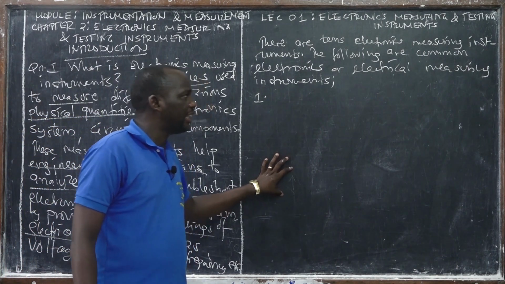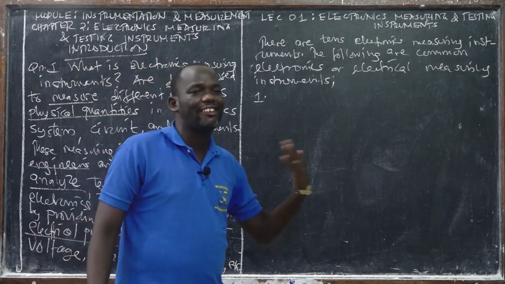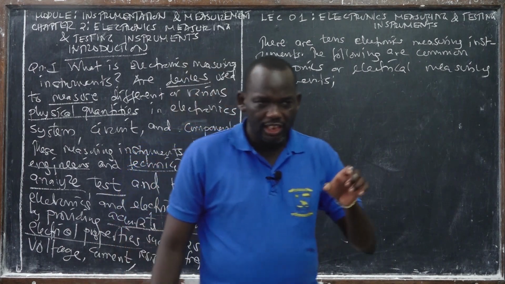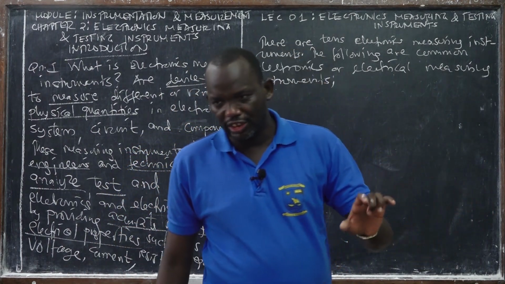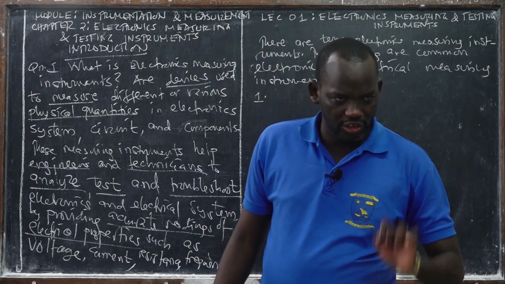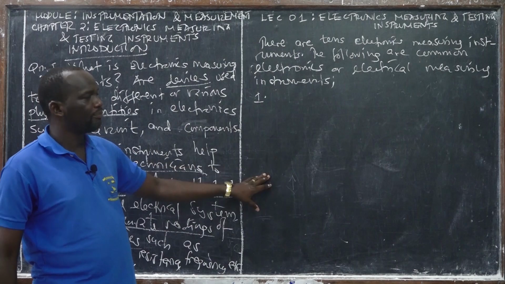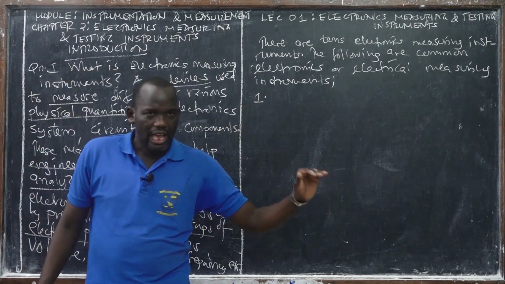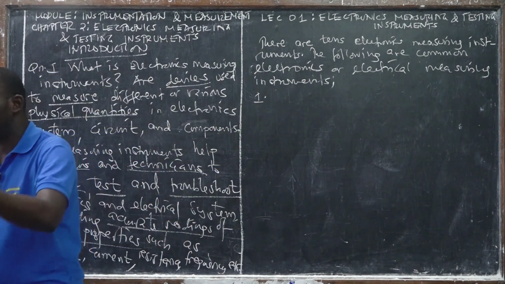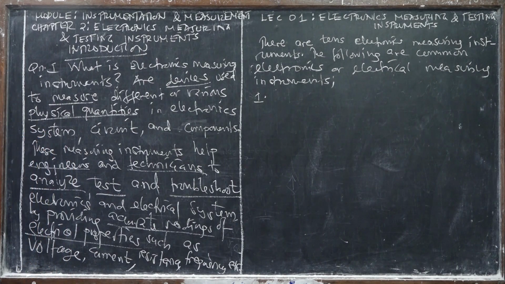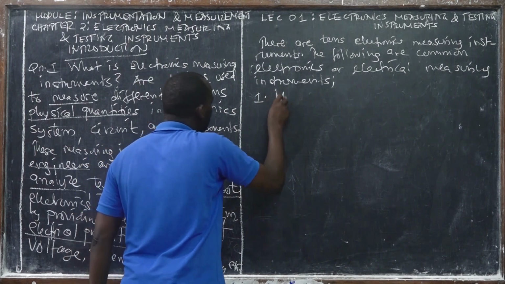Some of these electronics measuring instruments are integrated instruments, meaning one instrument consists of a number of measuring instruments. So when I mention them, I mention them according to how they exist physically. I think it's not clear. For instance, let me mention the first one.